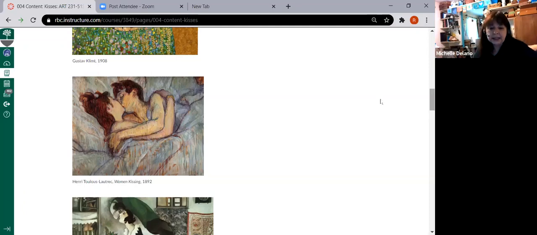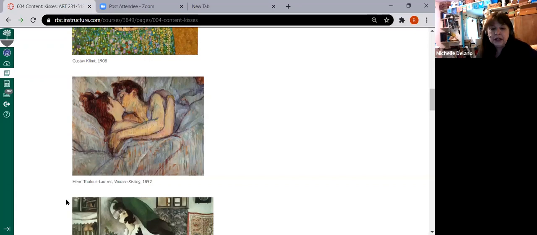And so this is two lesbians kissing, and you can see that their arms are around each other, very much like the Brancusi kiss, except here, their arms make more of a heart shape. And so when you look at the overall composition of the women, there's a heart shape. Also, attention is brought to the embrace of the women by the diagonals on the sheets.